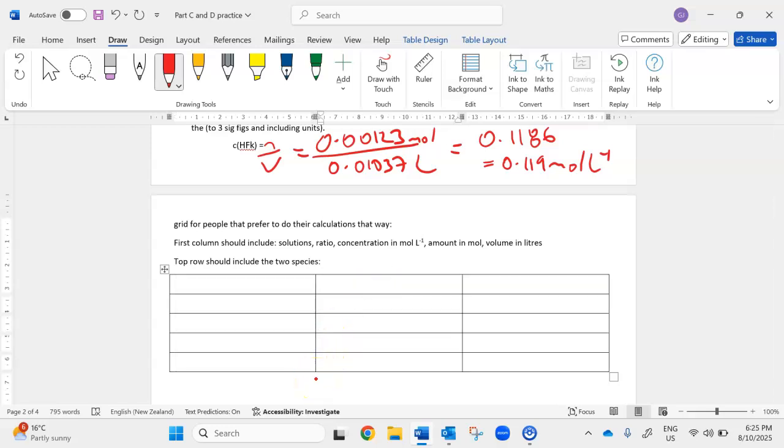Okay, so here I'll have the KOH, here I'll have the phosphoric acid, ratio, concentration in moles per litre, amount in moles, volume in litres. This is 1-to-1.